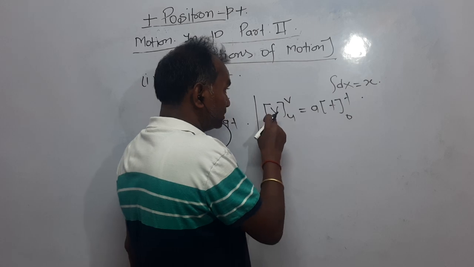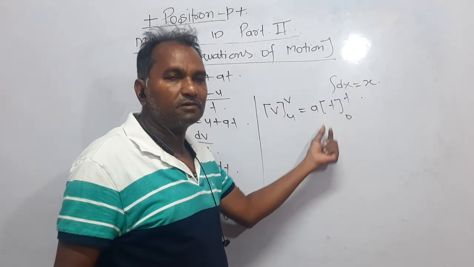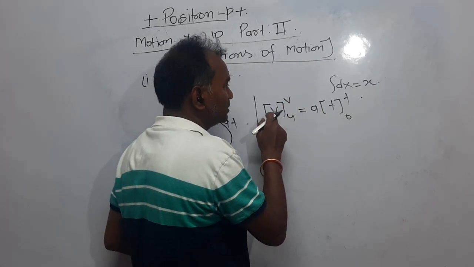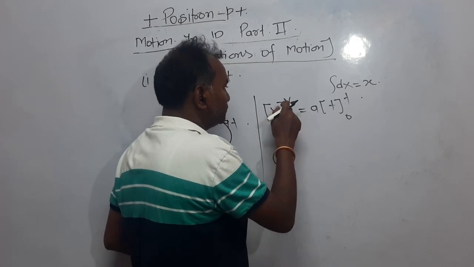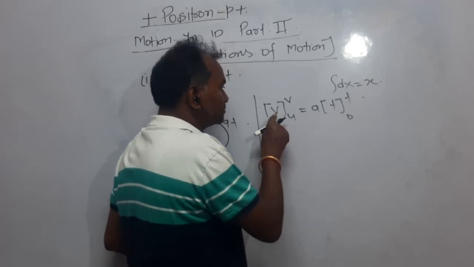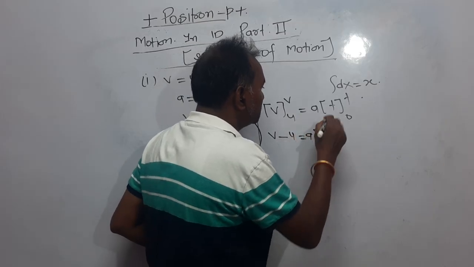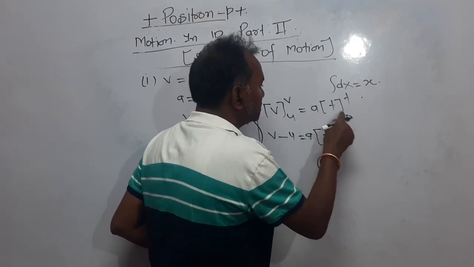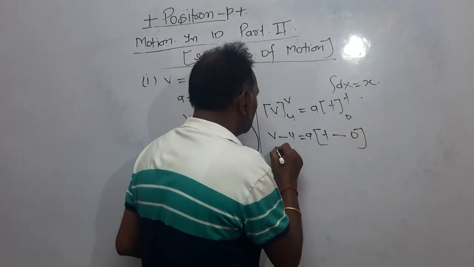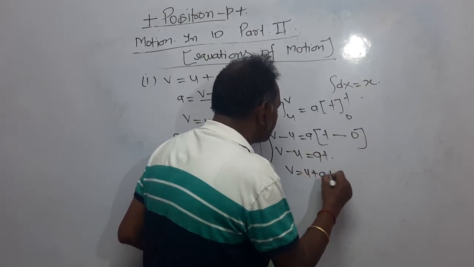Wherever there is a v, replace the upper limit v minus the lower limit u. Similarly, t is replaced by t minus 0. So v minus u equals at, or v = u + at.